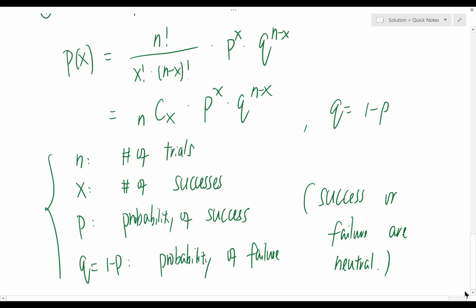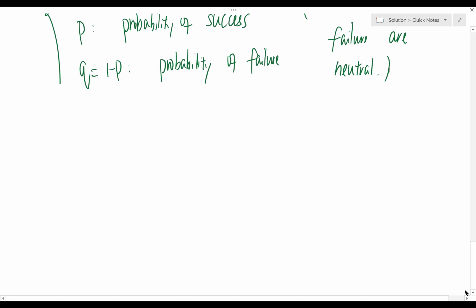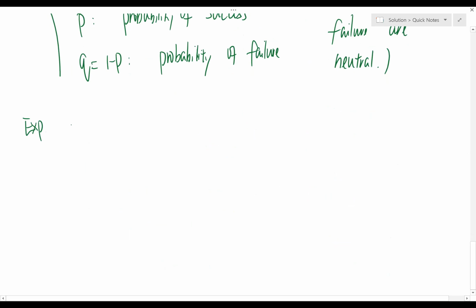So now we know the formula, how to calculate the probability for the binomial probability distribution. Now let's look at this. Let's say we still stick with the same example. Flip a coin 5 times.